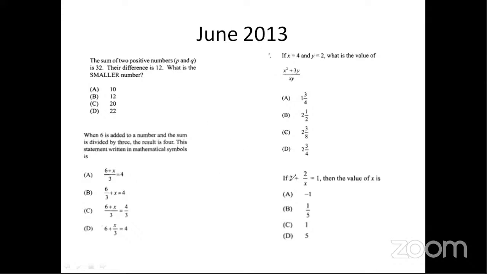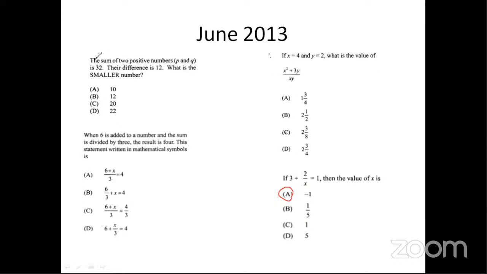So this 10th one here, if 3 plus 2 over x is equal to 1, then the value of x is, we did this already. What was the answer? A, which is -1. So just searching through to find the ones you can grab the marks for right away, and then you tackle the new ones. That's a good way to go as well.